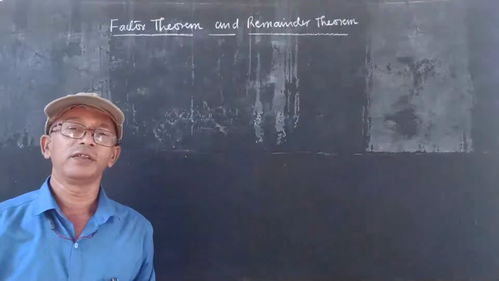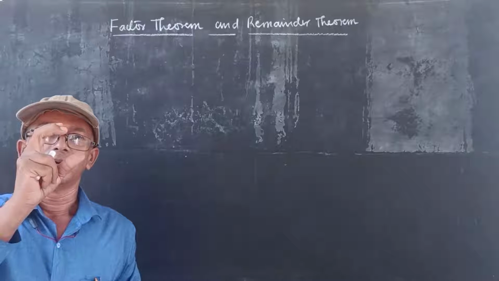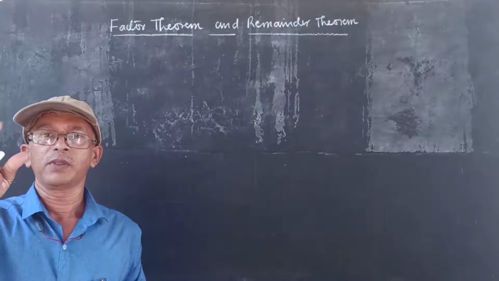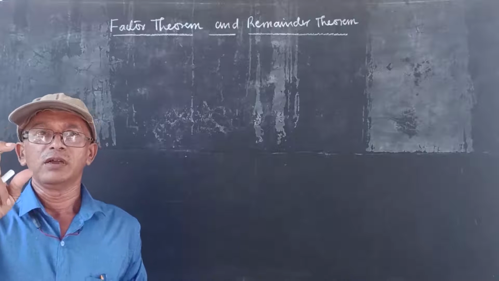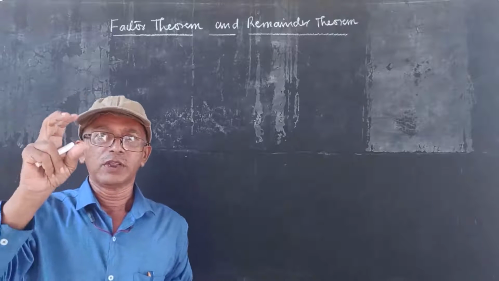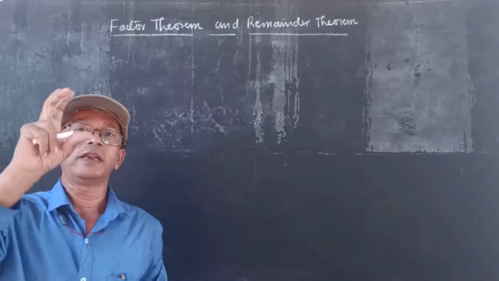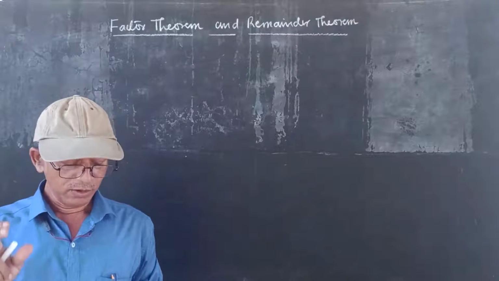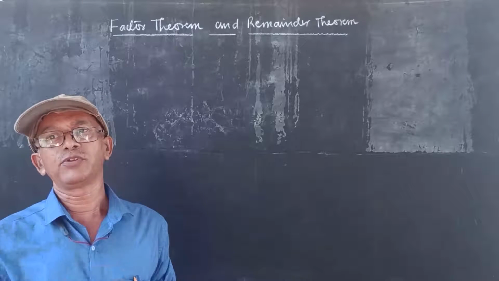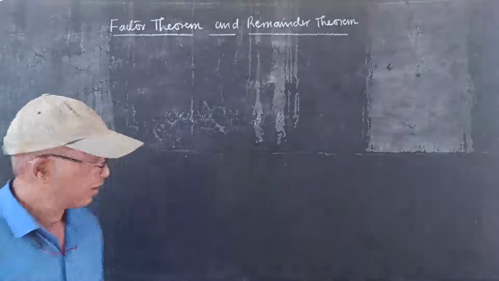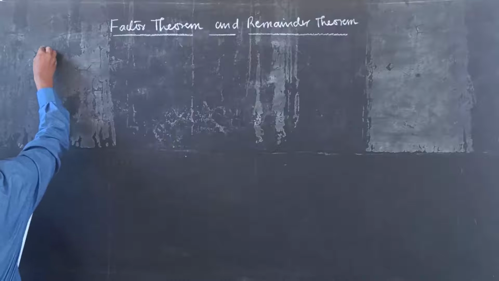So far we have studied the definition of polynomial and its notation, and after that certain concepts related to the polynomial. Now, we shall go further and take examples of a polynomial.